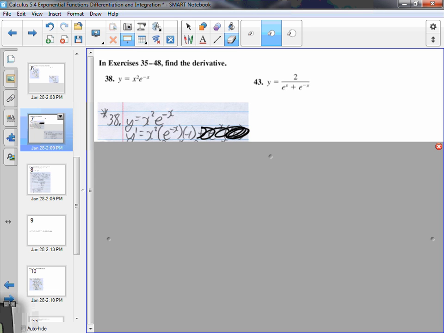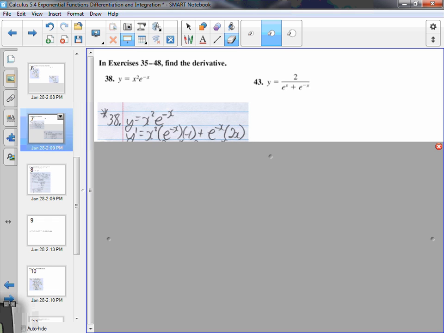Yeah, that's what we're going to get. But we're going to put the negative sign in front eventually. Plus the second function, e to the negative x, times the derivative of the first. And the derivative of x squared is 2x. So that's our calculus.